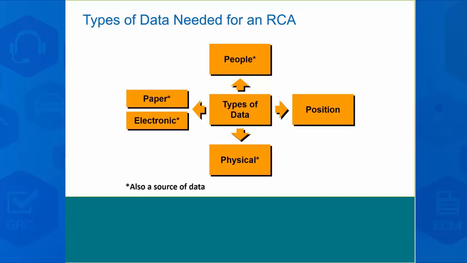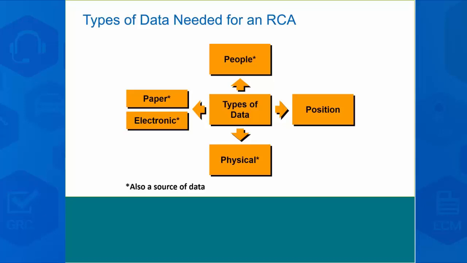Okay, there are 4 kinds of data: people, position, physical, and then what used to be paper and now is electronic. Okay, and so these are the kind of pieces of data that you and your team are going to have to deal with. The paper electronic includes process logs, maintenance logs, procedures, written communications.